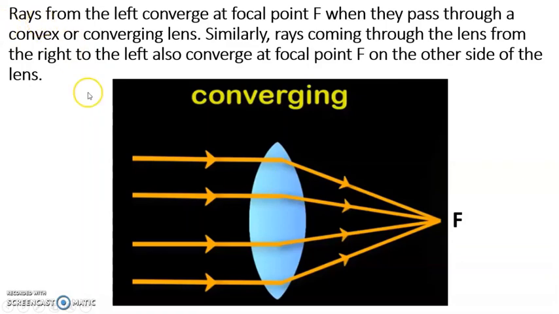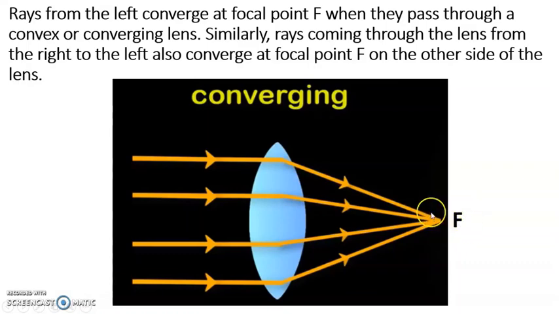Now we've got this diagram here. This diagram is showing that a convex lens has the ability to bend light rays such that they all converge. To converge means to meet, such that all these light rays will meet at a certain point. This point is known as the focal point.